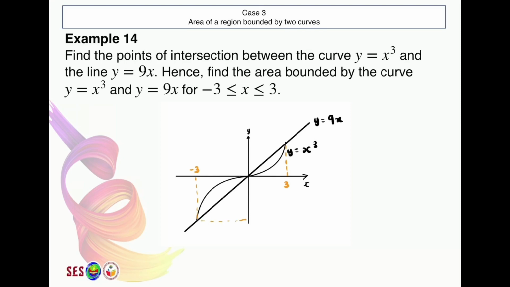This will be 27, and this will be -27. The next step is for us to determine the area bounded by the curve and y equals 9x. So the one I'm highlighting will be our y equals x cubed graph, and the one I'm highlighting in red will be our y equals 9x.